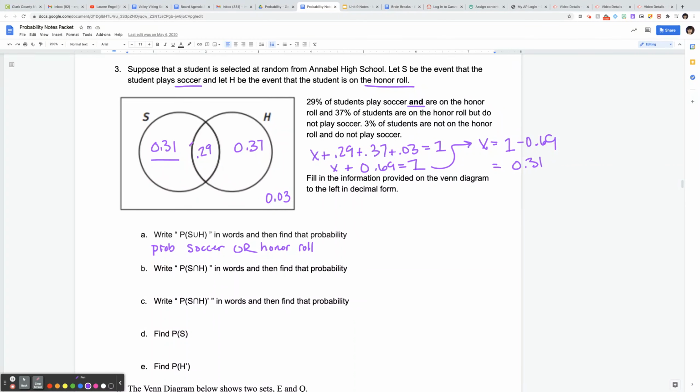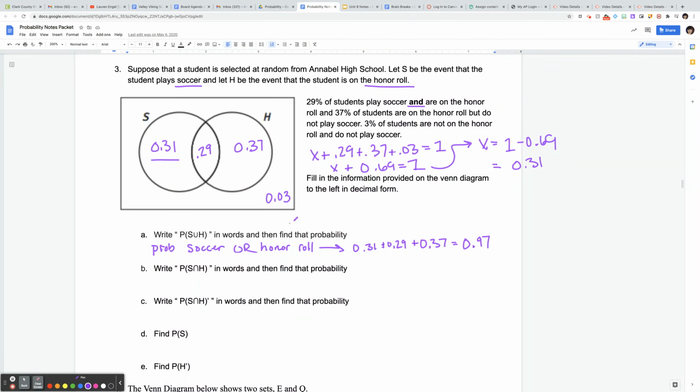Okay, so remember, in a Venn diagram, an OR probability is you add all of the numbers that are inside the Venn diagram. So that's 0.31 plus 0.29 plus 0.37. And if you add all of those up, you get 0.97.